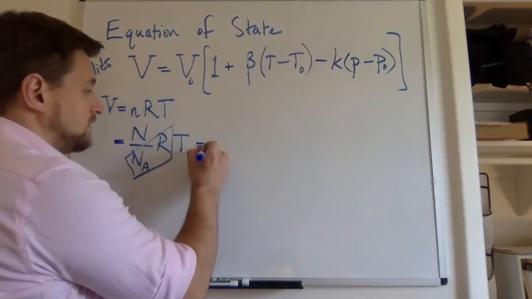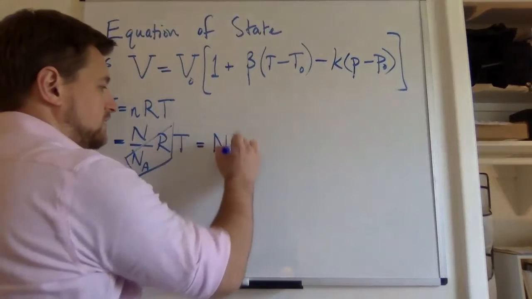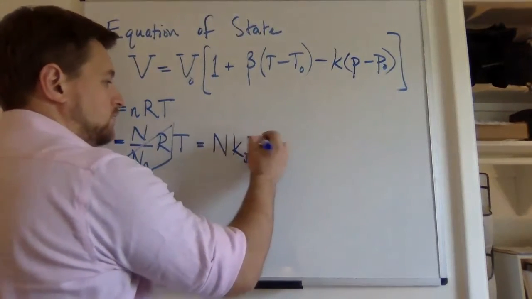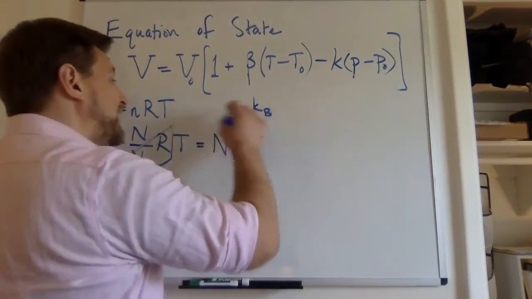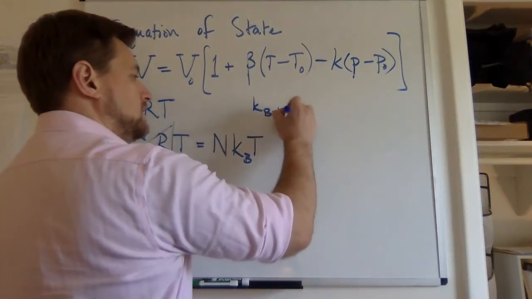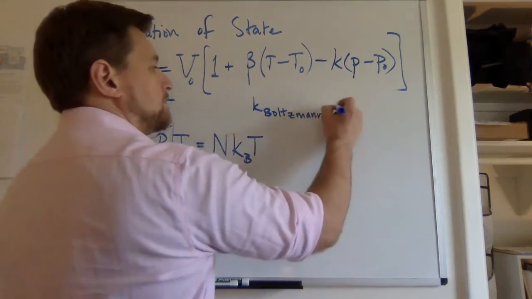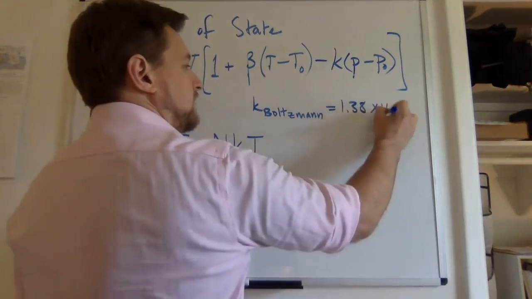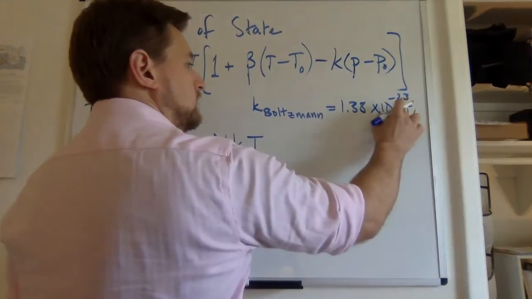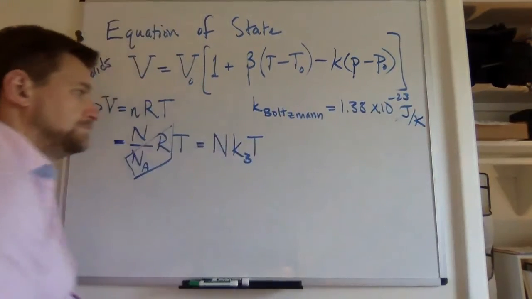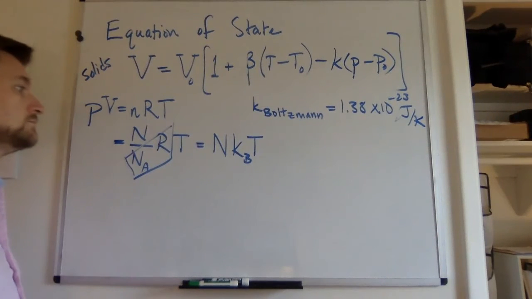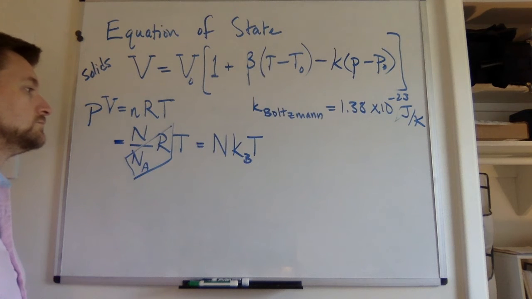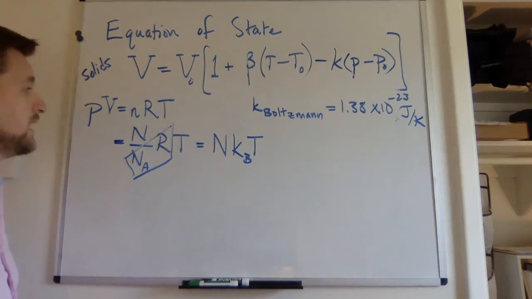If we divide the gas constant by Avogadro's number, we can generate a new constant, k_B, for Boltzmann, 1.38 times 10 to the negative 23 joules per Kelvin. Okay, cool.